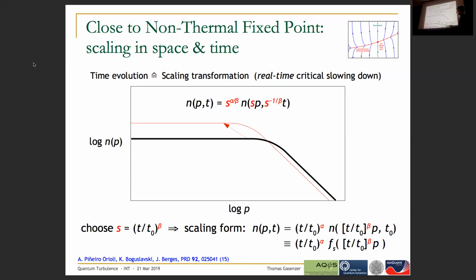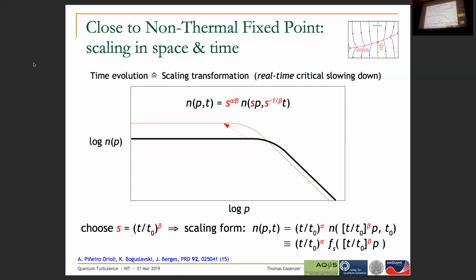Now I can of course replace this scale S by my time measured in units of some offset time, t0, to the power beta, and if I insert this, then I can rewrite the scaling form in a way that you see explicitly that the time evolution in this case becomes rescaling. Then in momentum space, it shifts to the left with a factor t over t0 to the power beta. So that needs, of course, that beta is positive, and it shifts upwards with t over t0 to the power alpha.